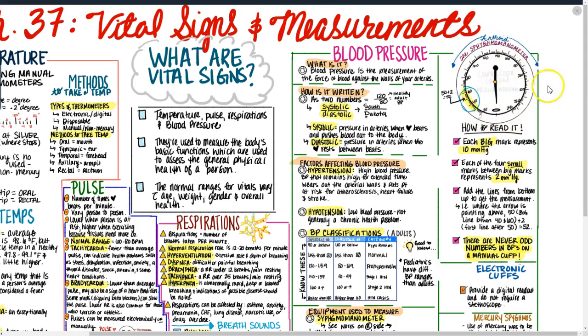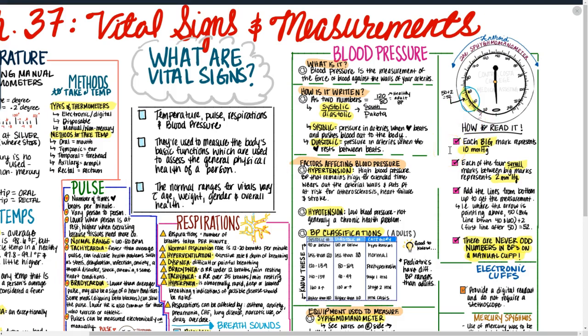So this is how to read it. Normally these dials go up to 300, but I didn't draw this to scale, so mine only goes up to 240. It does the job though, you get the point.